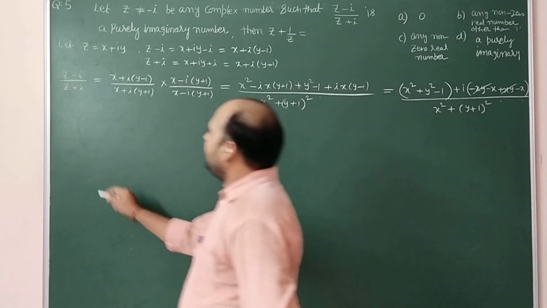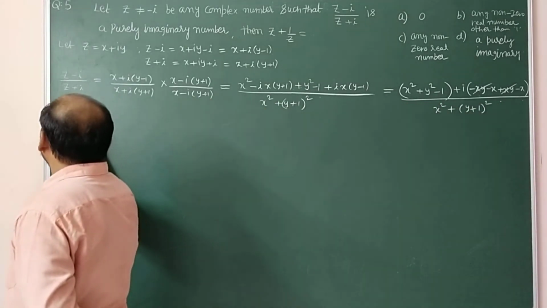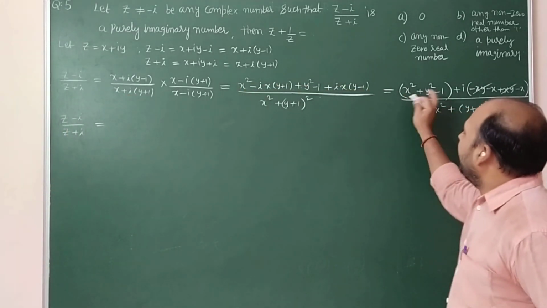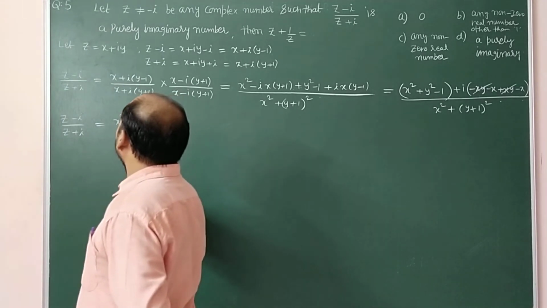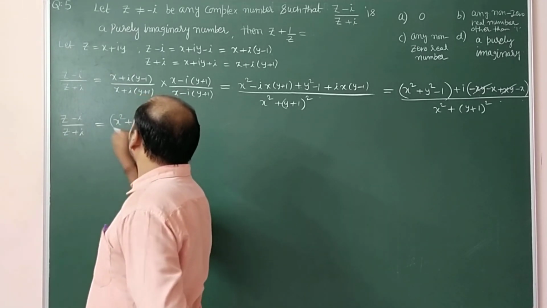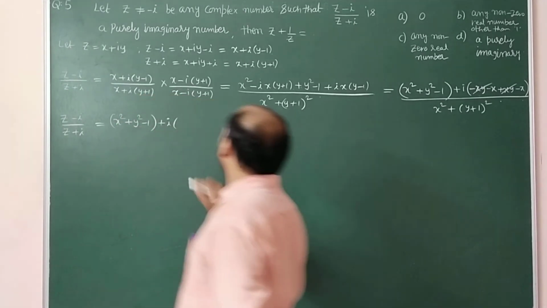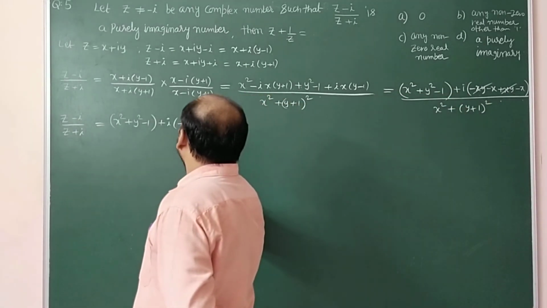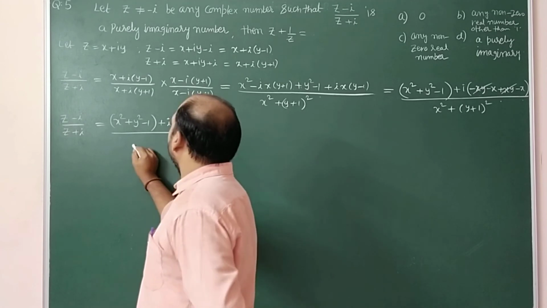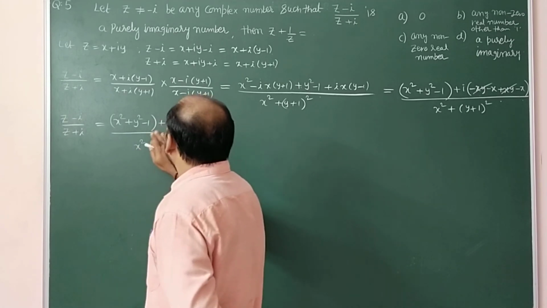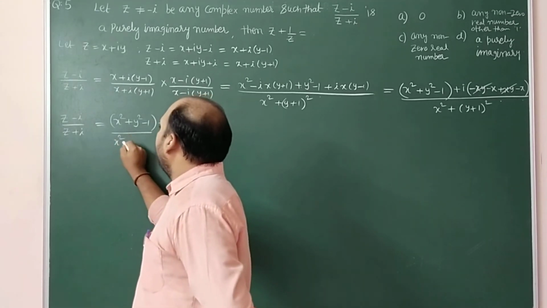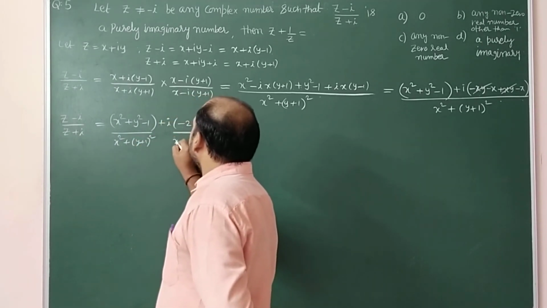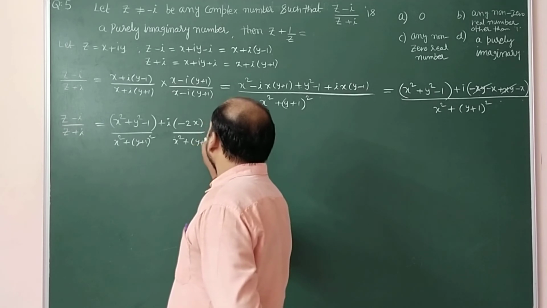So now z minus i divided by z plus i is equal to (x square plus y square minus 1) plus i into (minus 2x), divided by x square plus (y plus 1) whole square, and x square plus (y plus 1) whole square.